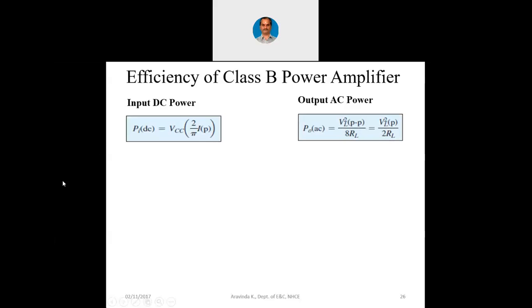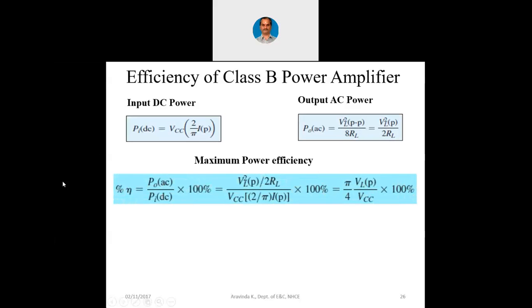So now efficiency is P0 AC divided by PI DC into 100%. P0 AC is VL squared peak divided by 2RL, whole thing divided by VCC into 2 into IP divided by pi, into 100%.